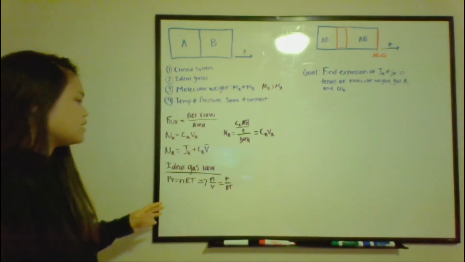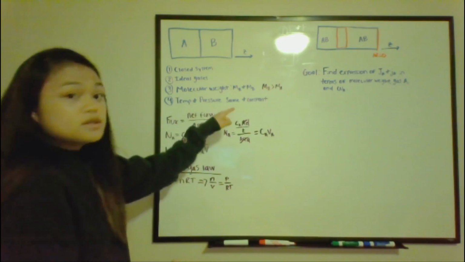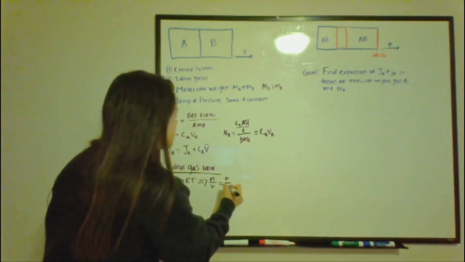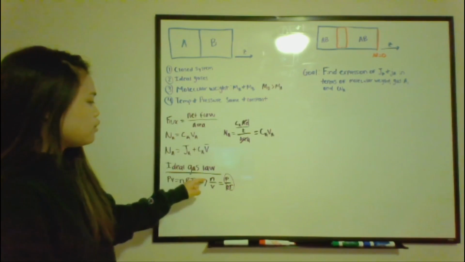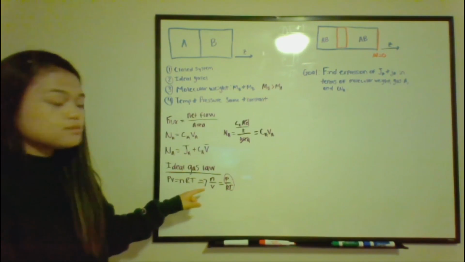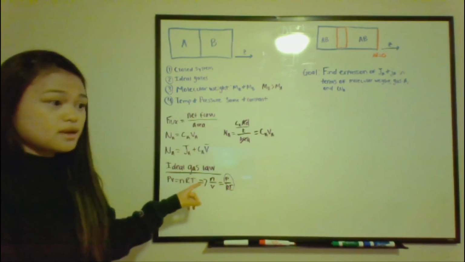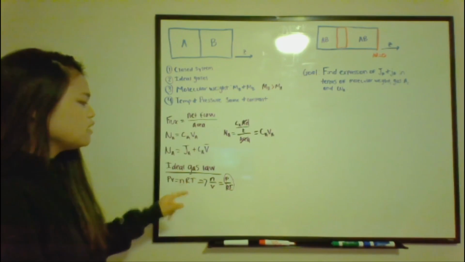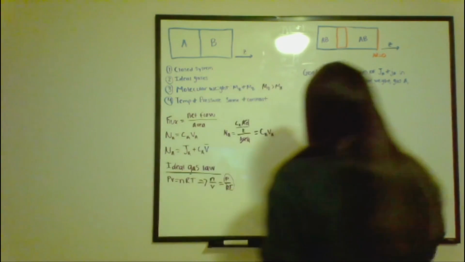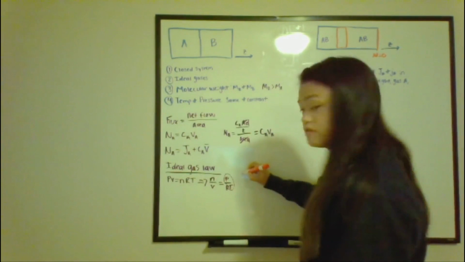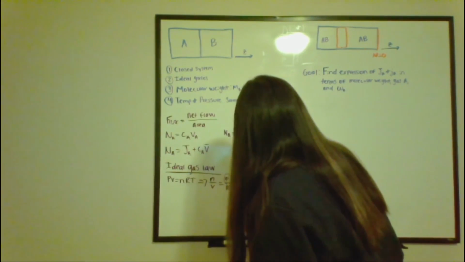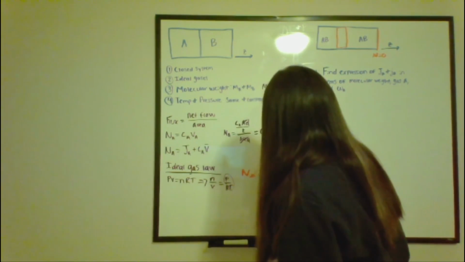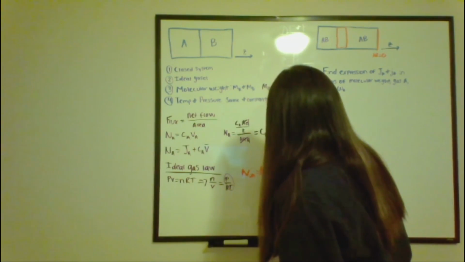Now, earlier we said that we wanted the pressure and temperature to be the same and constant. Well, then that also means that the amount of moles for a specified volume also needs to be the same and constant. So let's look at this. The net flow of moles in needs to be the same as out.